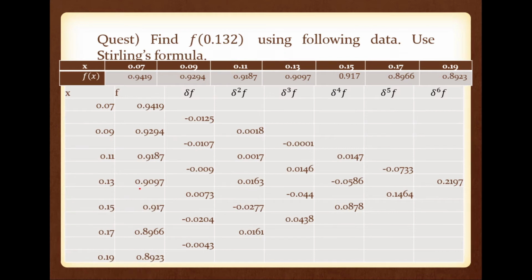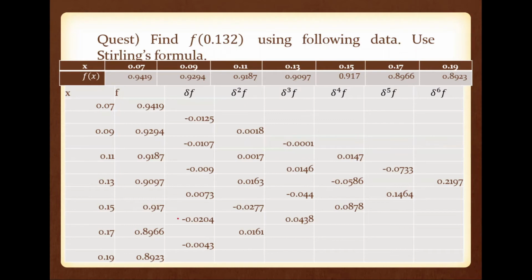Similarly, 0.9097 minus 0.9187 is minus 0.009. 0.917 minus 0.9097 is 0.0073. 0.8966 minus 0.917 is minus 0.0204. 0.8923 minus 0.8966 is minus 0.0043. Now we have the first order central difference.